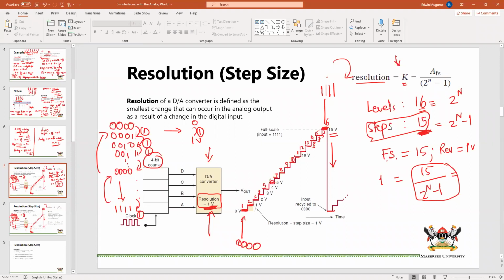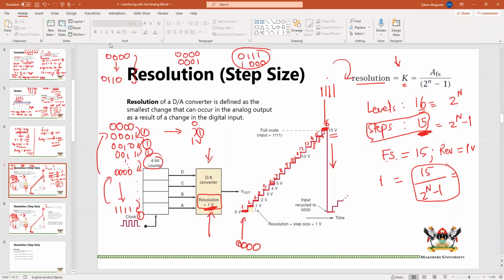So for instance, if I jump from 0000 to 0110, I've jumped several steps, and my DAC should still be able to give me the right output. But if I want to check what the resolution is, I need to be able to jump only one step at a time, so maybe 0000 to 0001 or 0111 to 1000. This is the change that is going to give me the resolution.